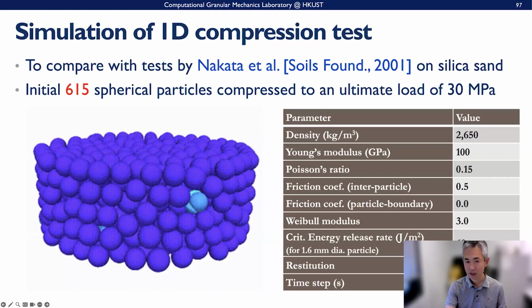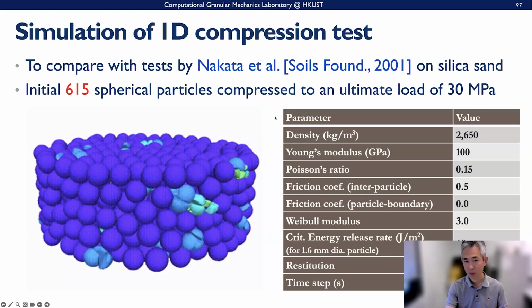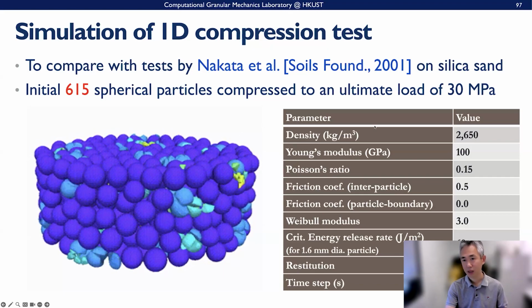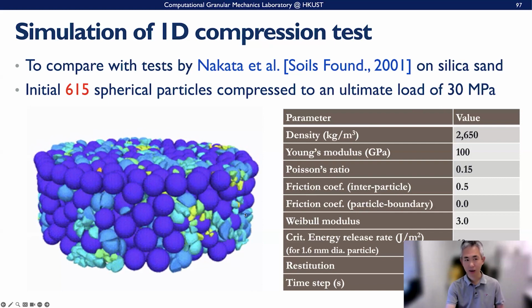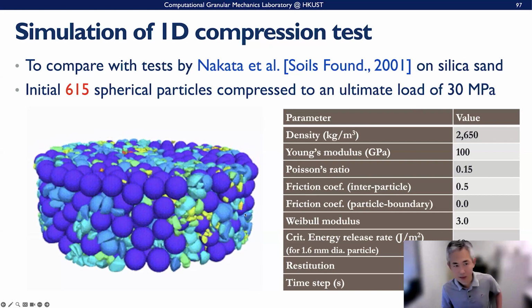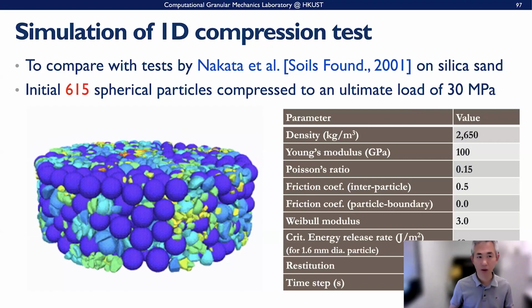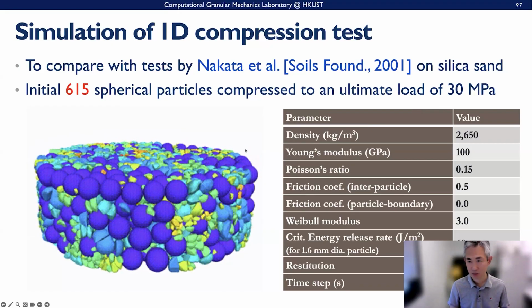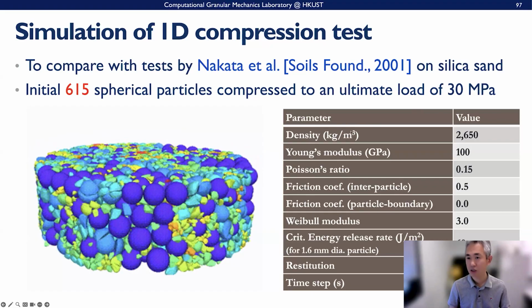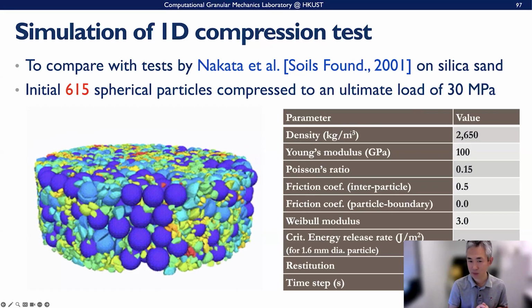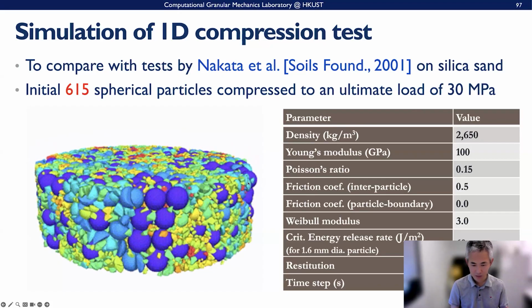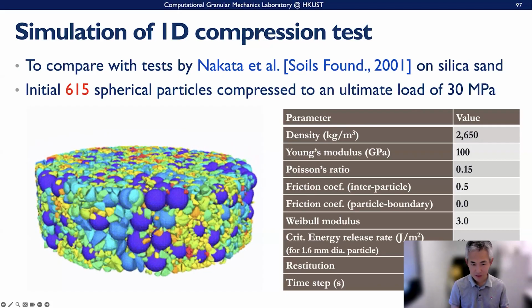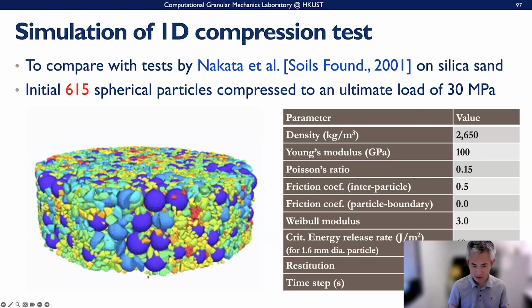And so some validations. First, we validated against the test performed by Nakata and coworkers in 2001 on silica sand. We reproduced 615 spherical particles, and we compressed them to an ultimate load of 30 megapascal in a 1D compression test here, right? And these are the simulation processes by this coupling method.